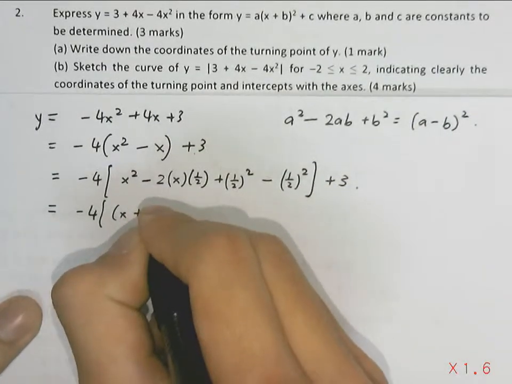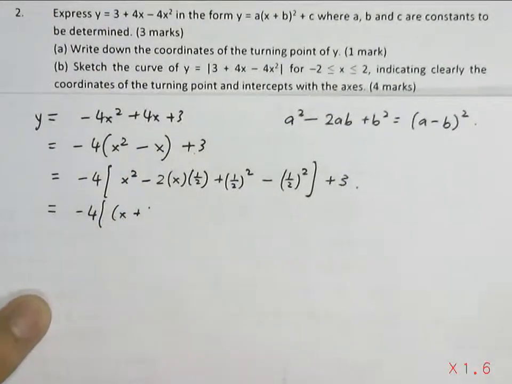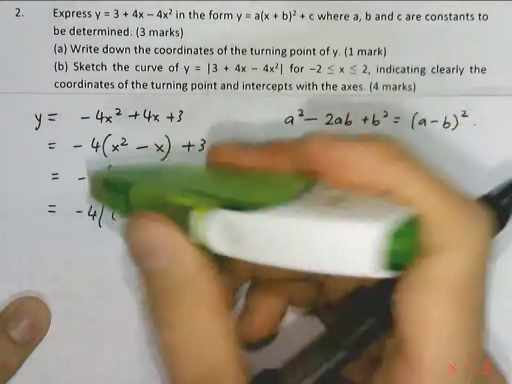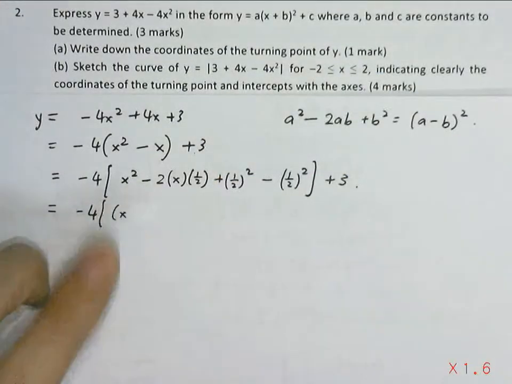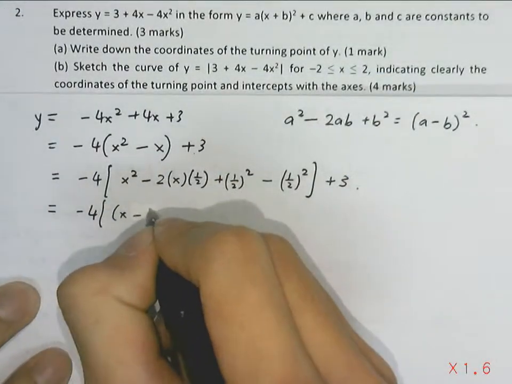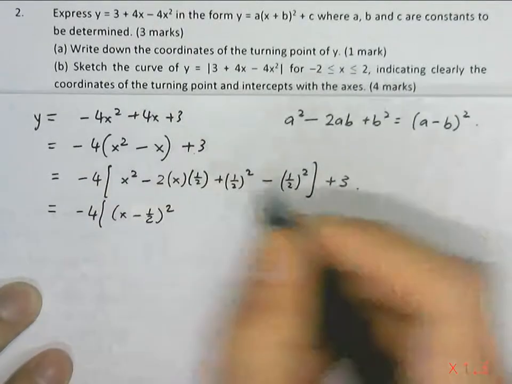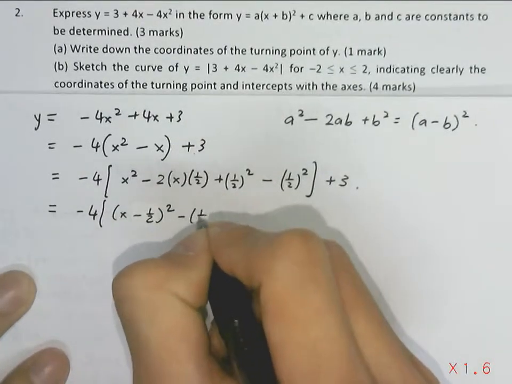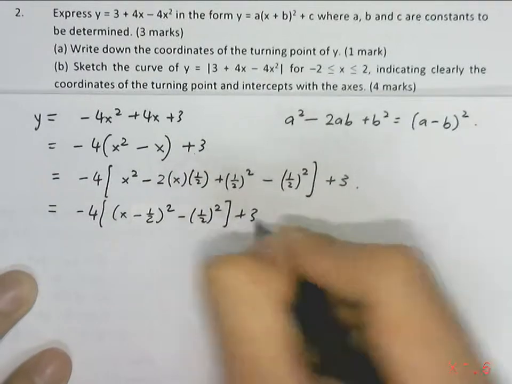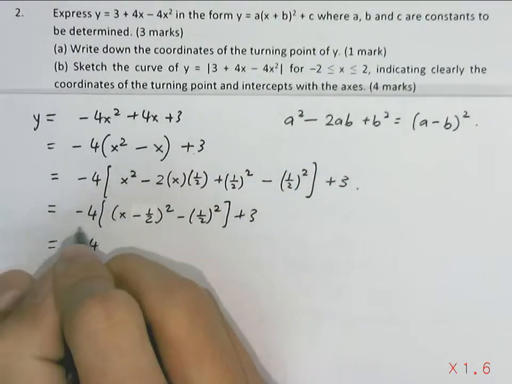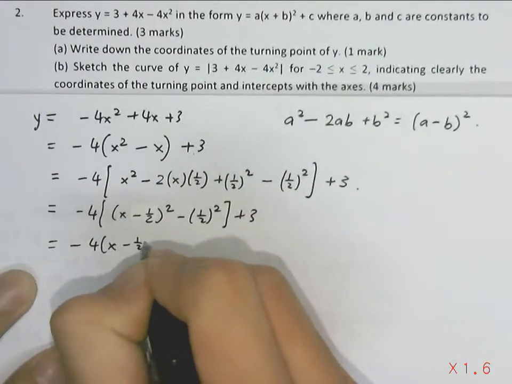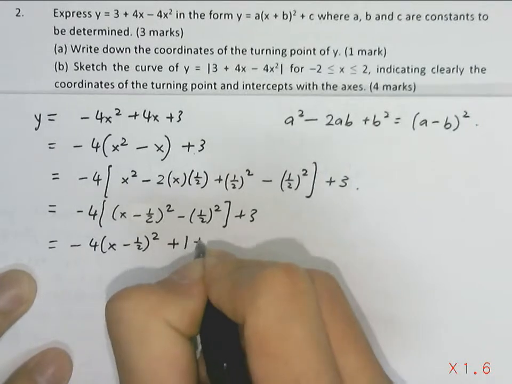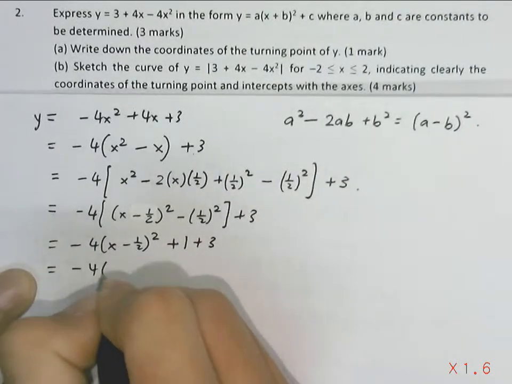So x minus half square, plus 3, minus 4 expanding out minus half x minus half square plus 1 plus 3, which gives us this.